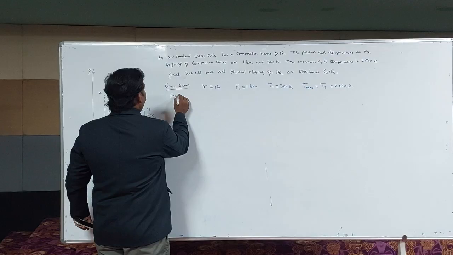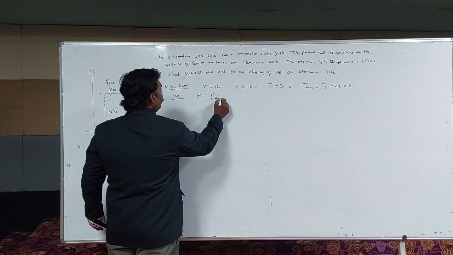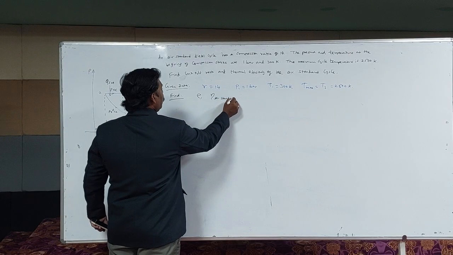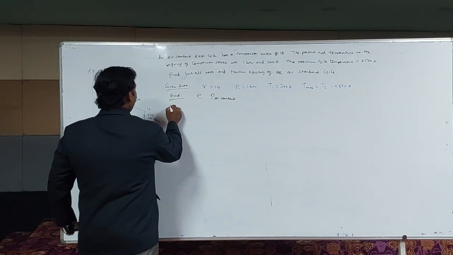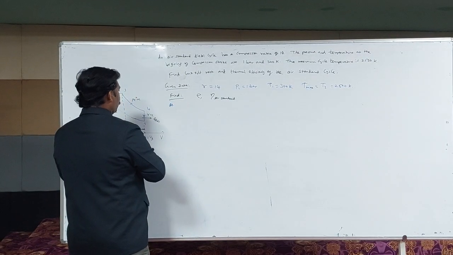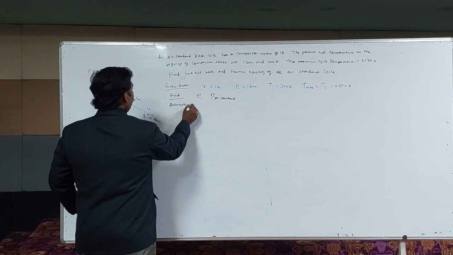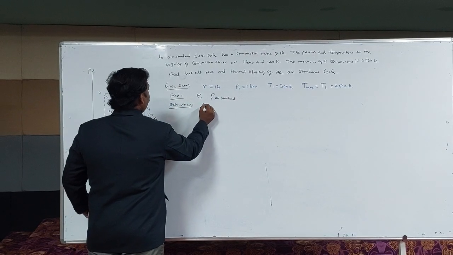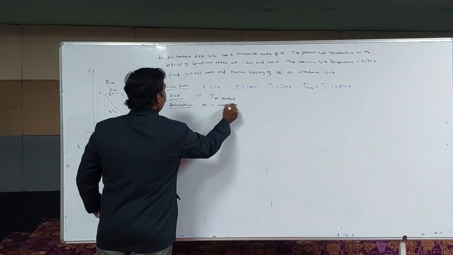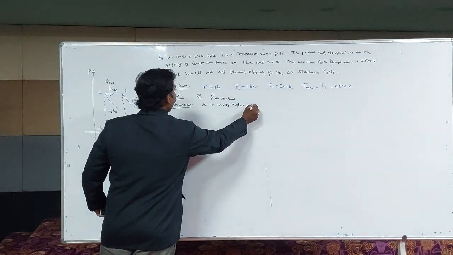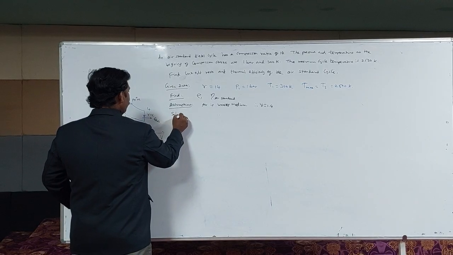Then find the cutoff ratio and efficiency of the air standard cycle. The assumptions are air is the working medium, therefore gamma is equal to 1.4.